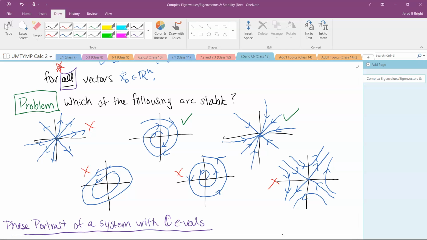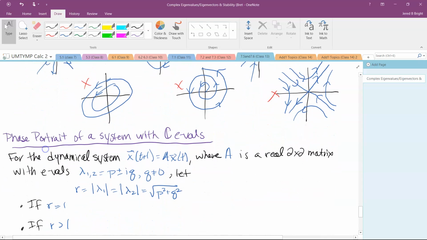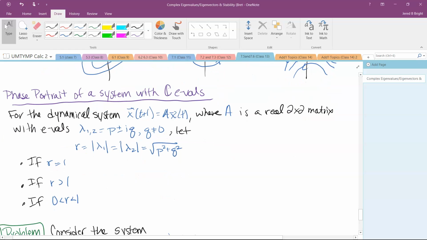Okay, so now we want to discuss how to draw these things. So if we have a given dynamical system, we have complex eigenvalues, and we can talk about r as being the absolute value, which is really the magnitude, if you will, and the value of r should be the same regardless of eigenvalue if they're complex.